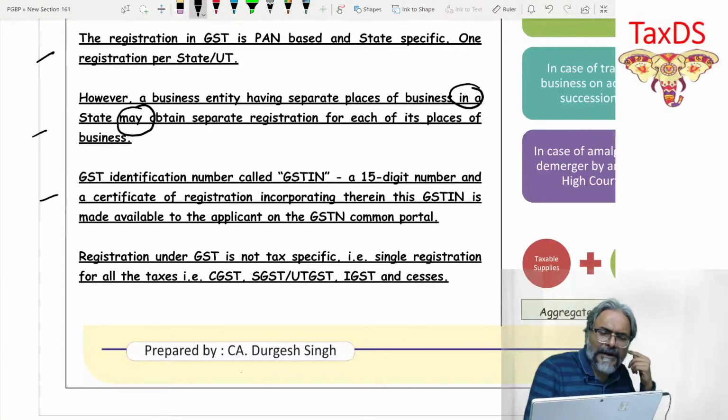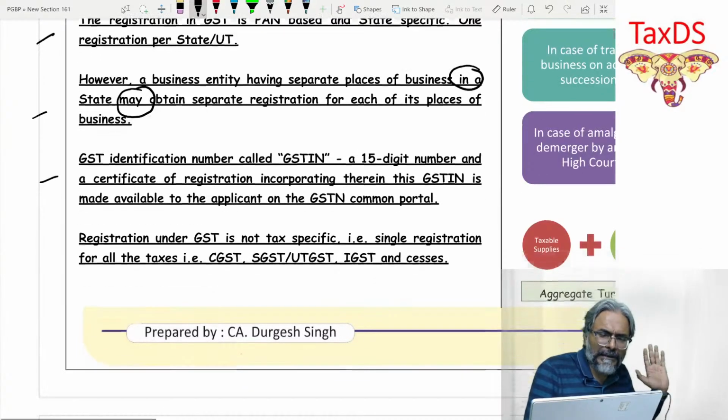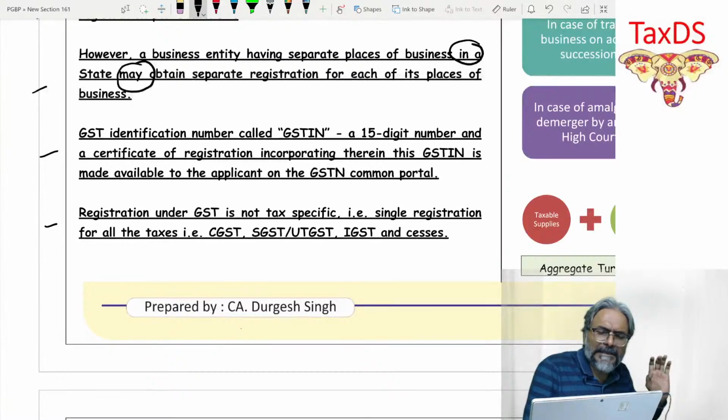The GST identification number called GSTIN, a 15-digit number, and a certificate of registration incorporating therein this GSTIN is made available to the applicant on the GSTN common portal. Obviously, we know that registration under GST is not tax specific.